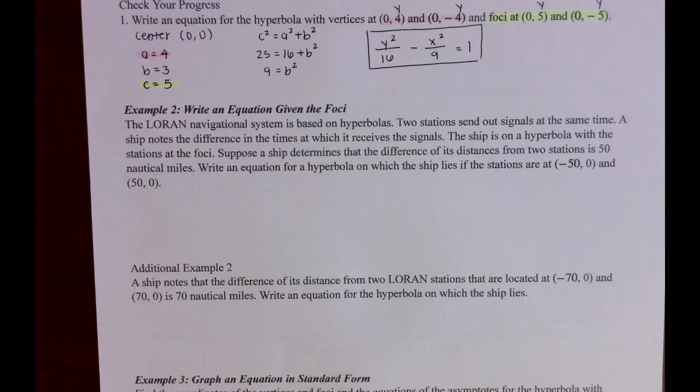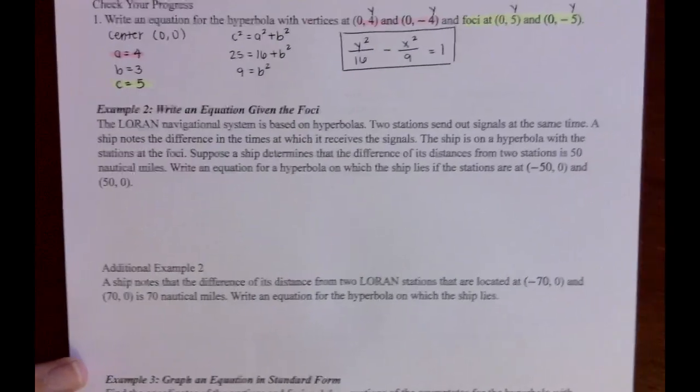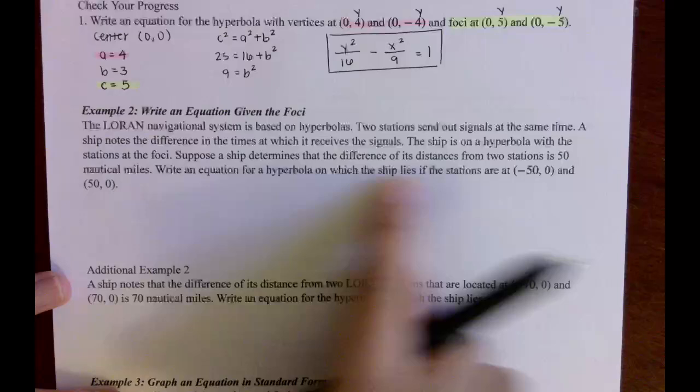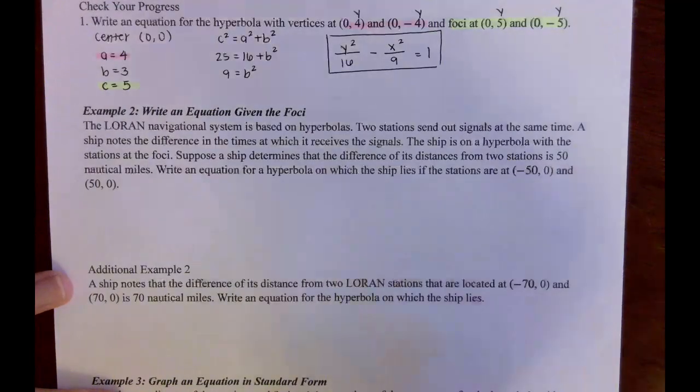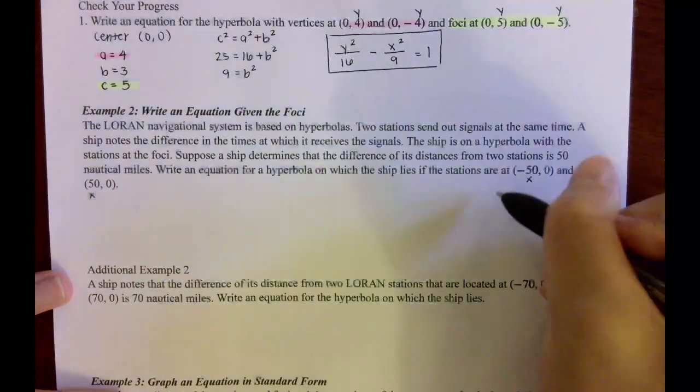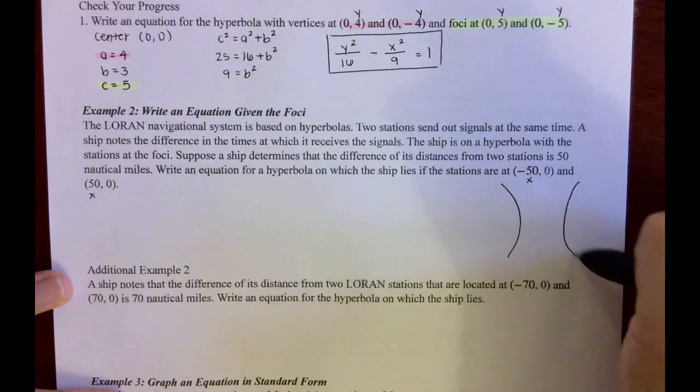Write an equation for a hyperbola on which the ship lies if the stations are at negative 50, 0 and 50, 0. So this is the foci. Since this is a change in x, it tells me that it's going to look like this.